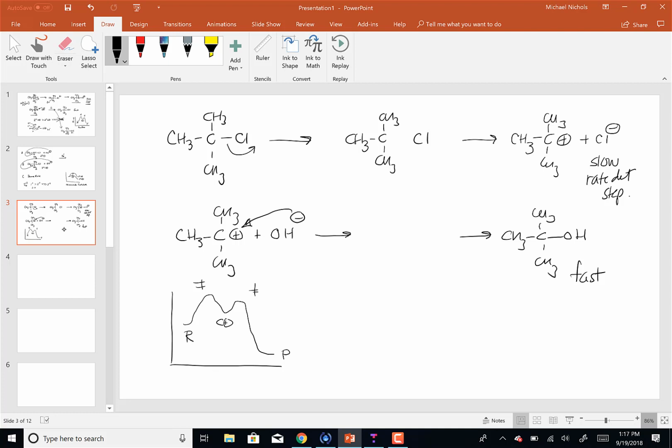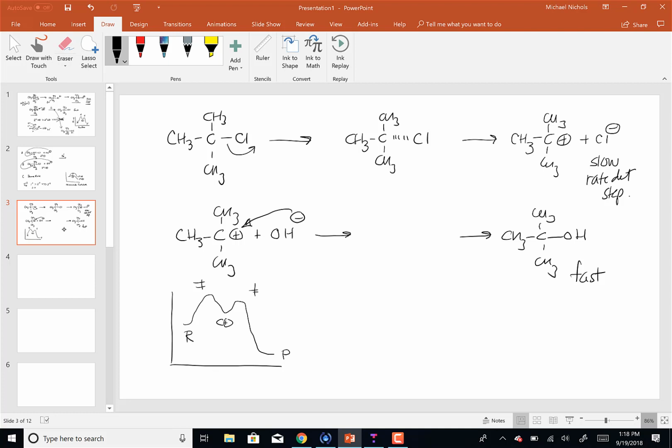So how am I going to represent that in the transition state? As a dotted line, not as an arrow, but as a dotted line. Because a dotted line means what? It's a partial bond. So I've got a partial bond between carbon and chlorine.